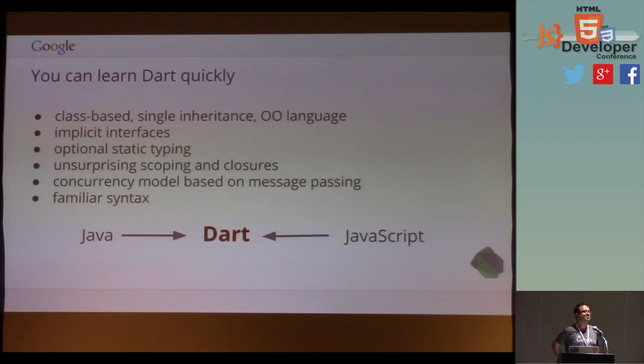And an important point of Dart is it's a very familiar, unsurprising language. You can learn Dart really quickly. It's a class-based, single inheritance, object-oriented language, nothing terribly radical about that. It has implicit interfaces. It has optional static typing, and I will emphasize optional.